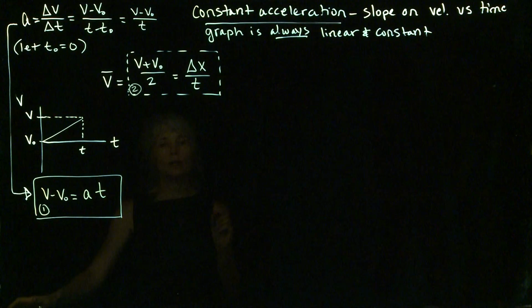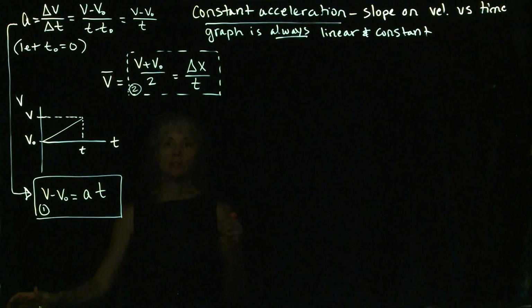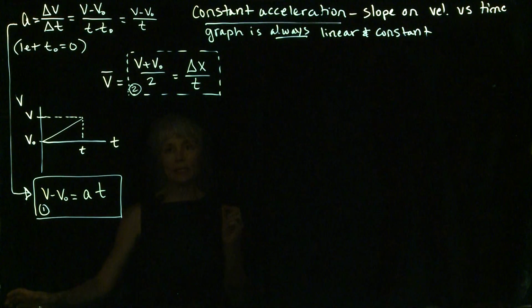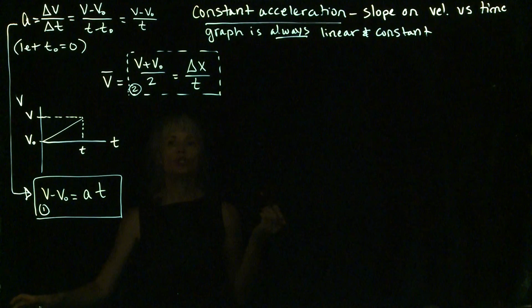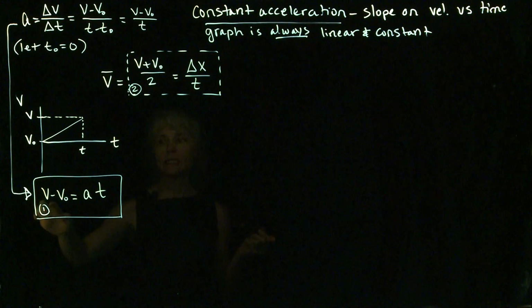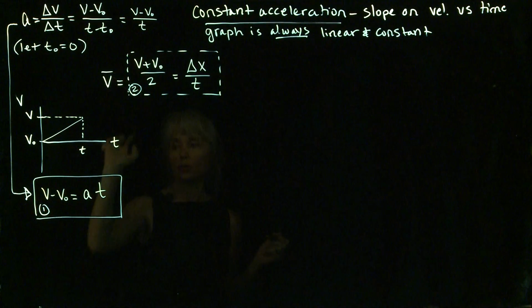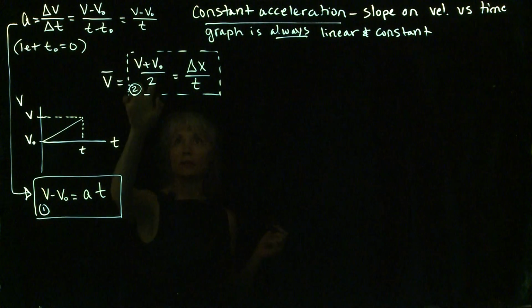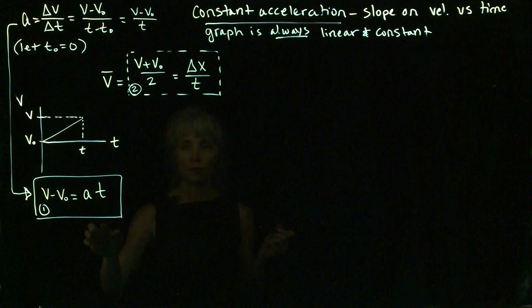So equation 1 and equation 2 are going to be used together, substituting for one quantity in one equation and plugging it in for that quantity into the other equation to generate 3 more equations. So notice that final velocity appears in both of these equations. Initial velocity also appears in both of these equations, and time appears in both of these equations.